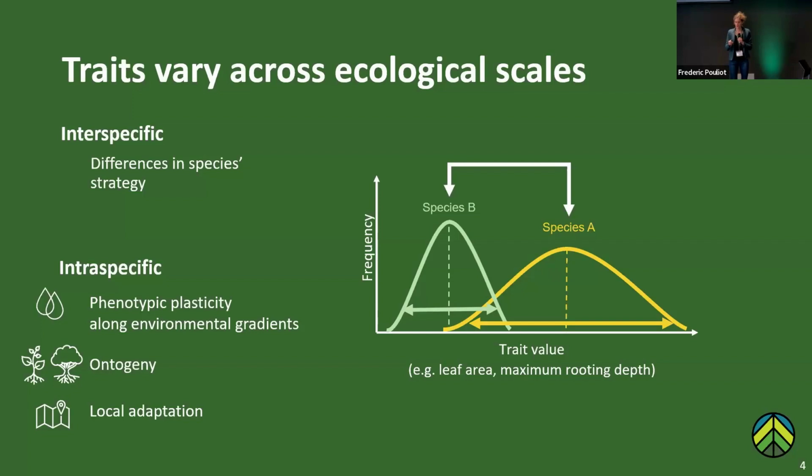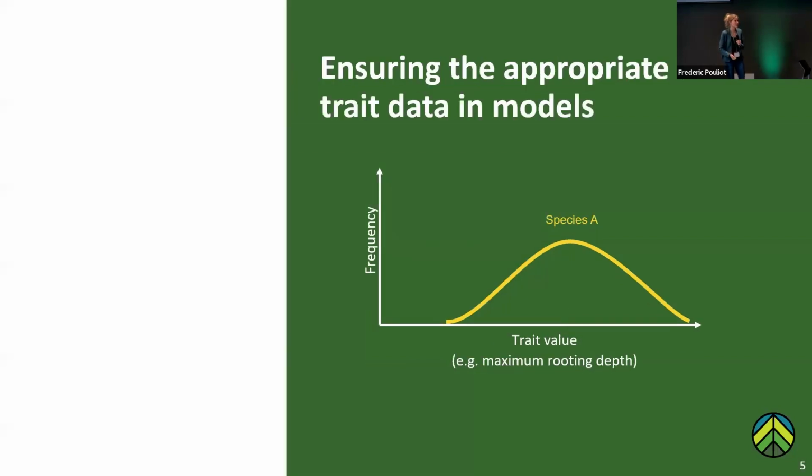This intra-specific variation has major implications for comparative ecology and for ecological modeling. Because traits are the link between plants and ecosystem functioning, we tend to use traits in models. And because traits take time to measure, we often reuse existing trait data.